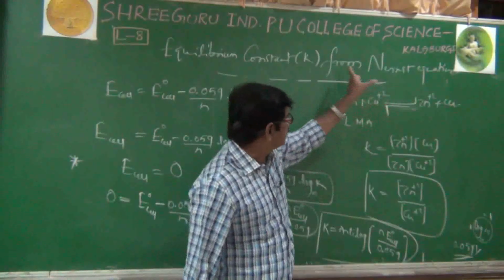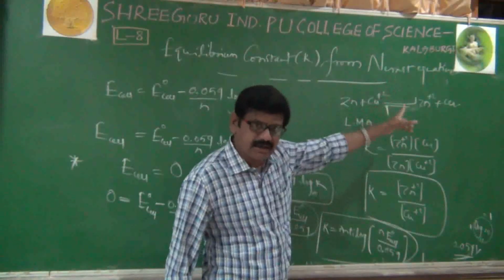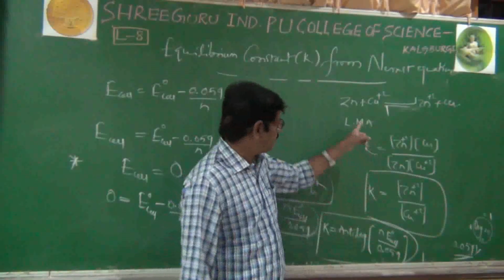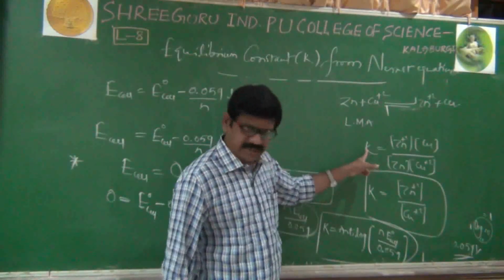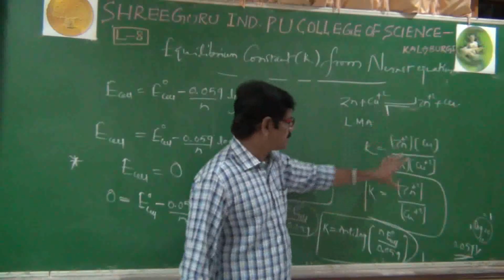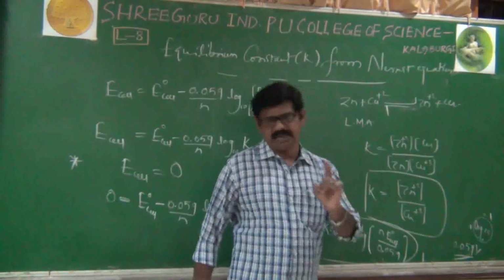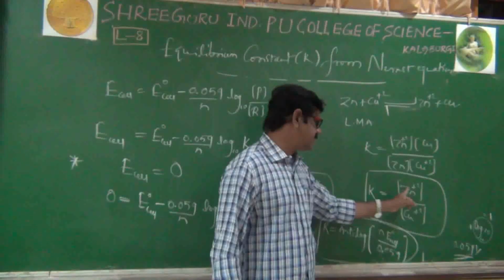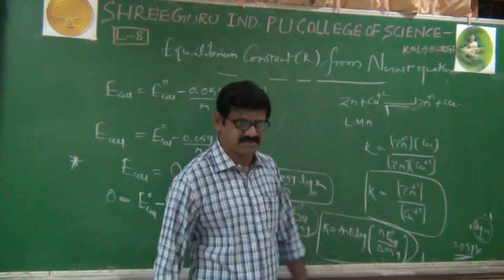And we are deriving an equilibrium constant, meaning a reaction already reached the equilibrium stage. Therefore, at equilibrium, we are applying the law of mass action. Equilibrium constant K is equal to product by reactant, that only I have written. Here it is metal, it is also metal. Metal concentration, of course, is 1 unit. If you substitute 1, the remaining is Zn2+ divided by Cu2+. That is the equilibrium constant expression.